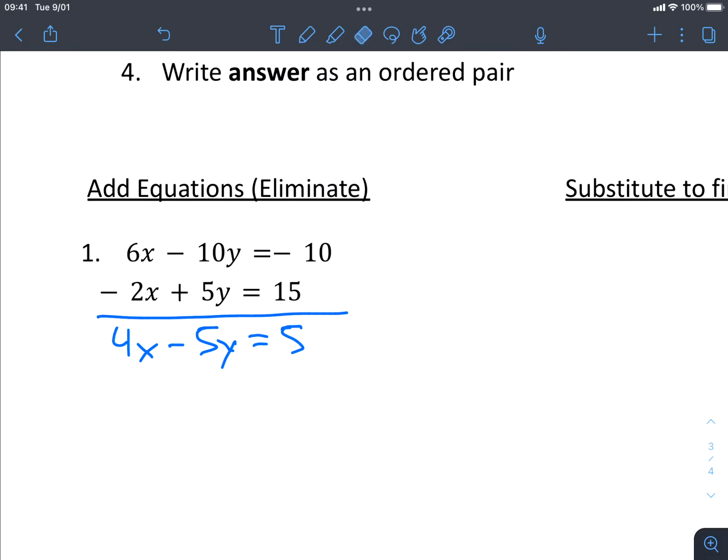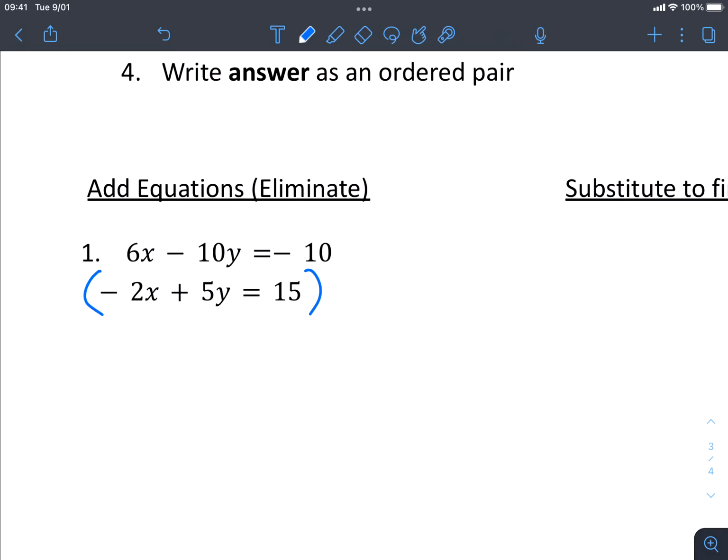But what I can do is make the equation look like what it needs to in order for it to cancel out. So for example, if I wanted to cancel out the x's, I know that they need to be the same number, but one's positive, one's negative.